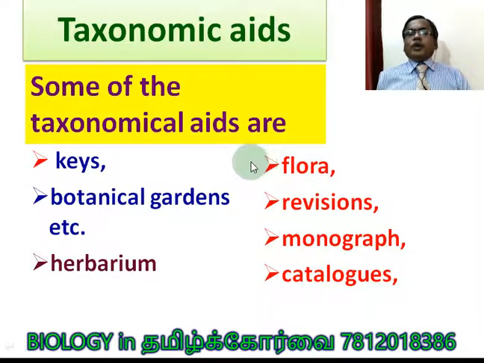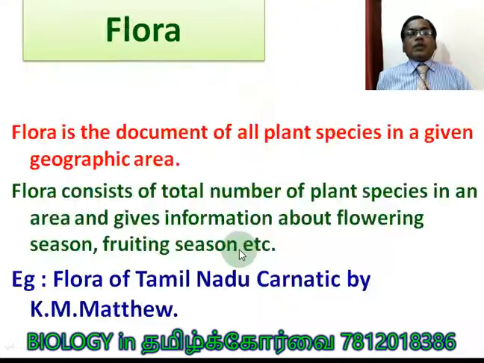Taxonomic aids. Some of the taxonomic aids we already learnt: keys, botanical gardens, etc. And here I am going to give some reference. Though it is not given in these units of our book, still it is worth learning about flora, revisions, monograph, catalogs.